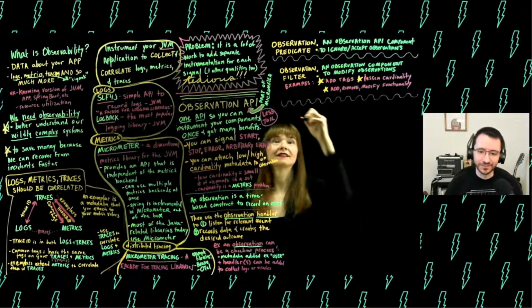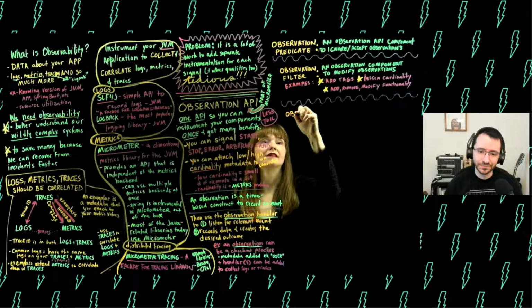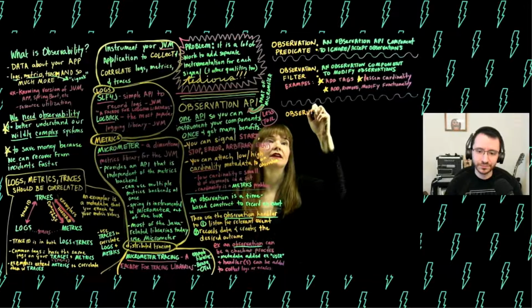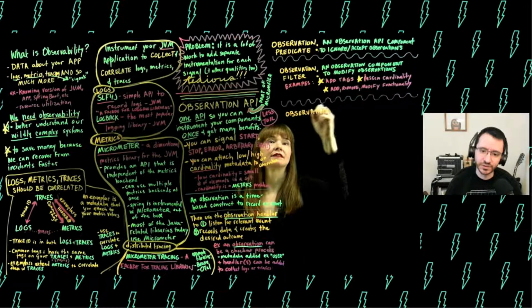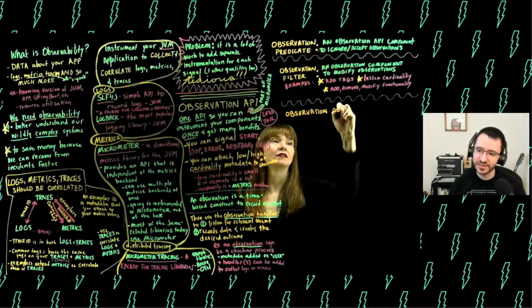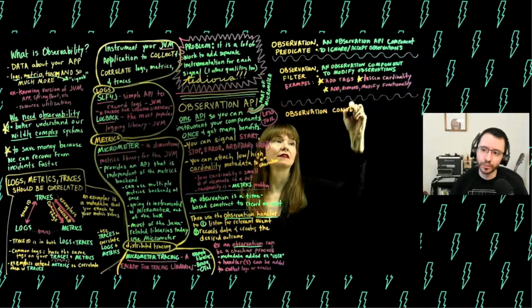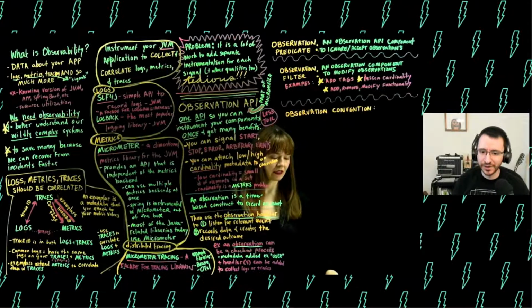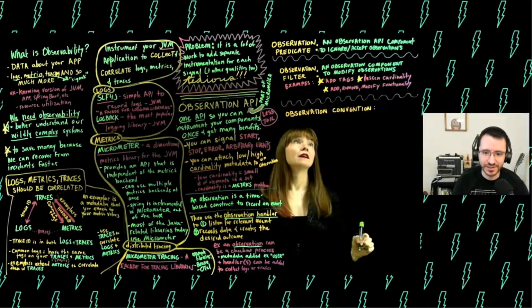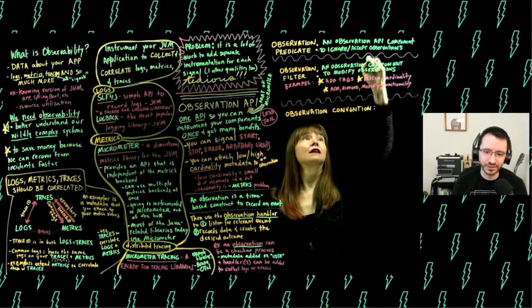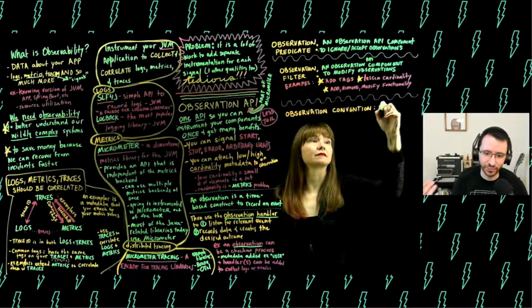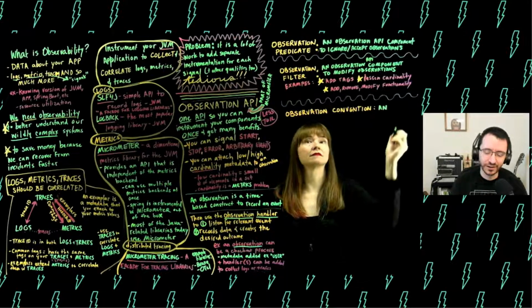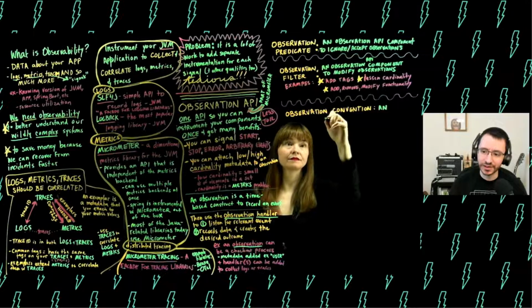Okay. So the observation convention is all about naming things. I mentioned the problem with the distributed tracing backend, which accepted one name of a certain tag.